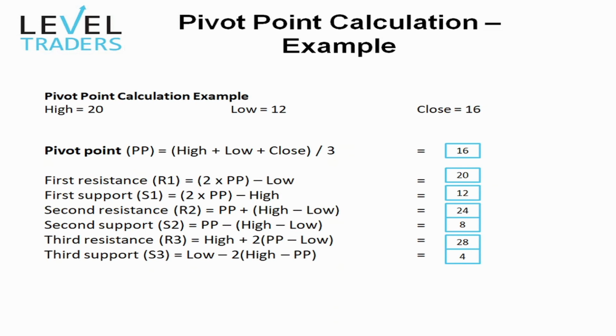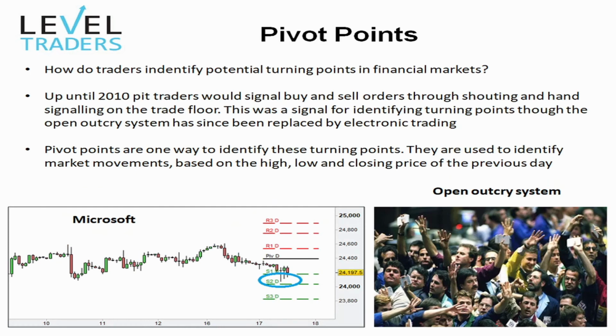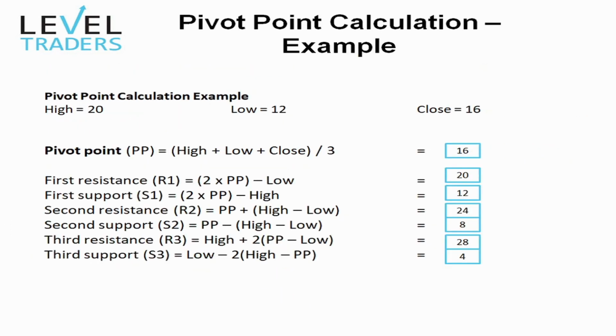Essentially that's how they're calculated, and it's exactly how the system calculated the Microsoft chart on the previous page. So that was a way of going through this numerically, so you can see the mechanics behind calculating these pivot points.